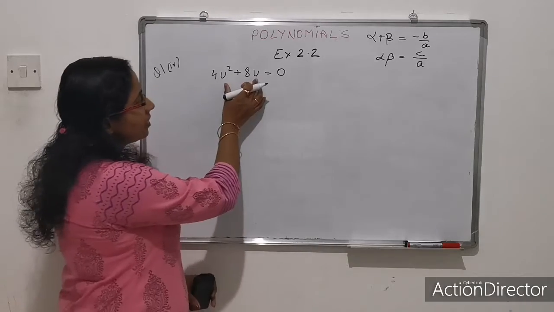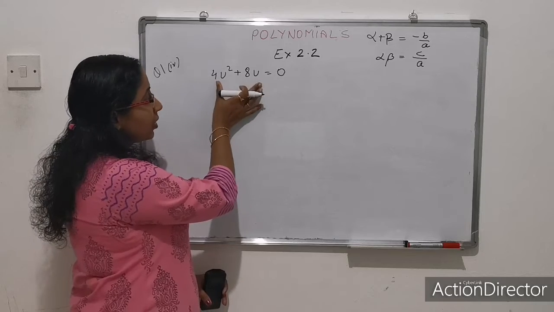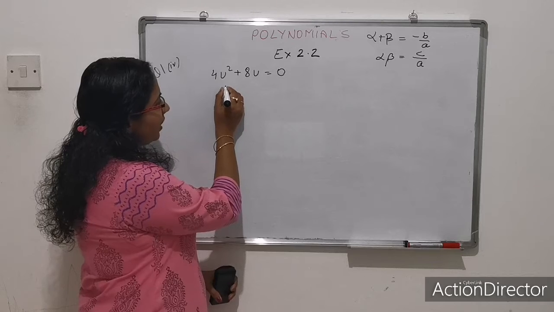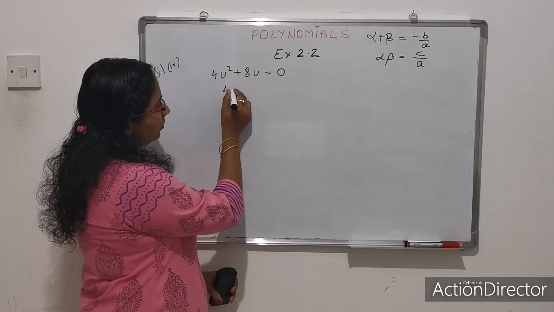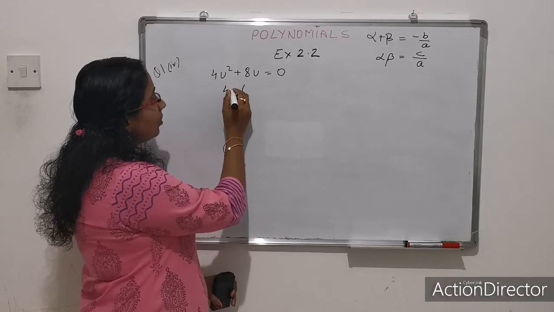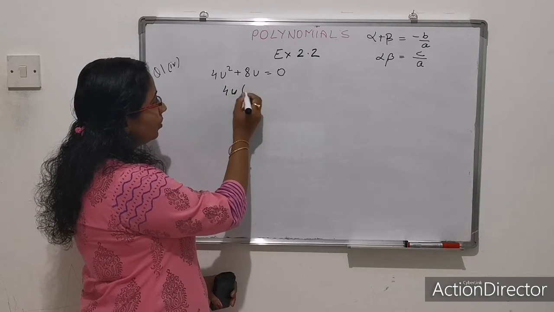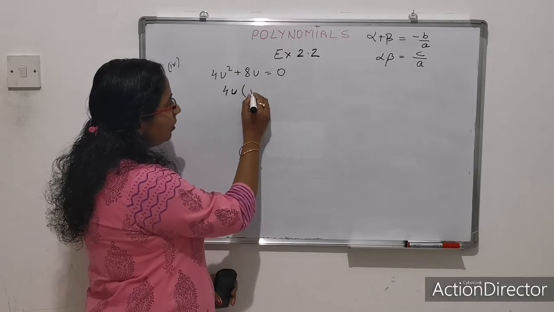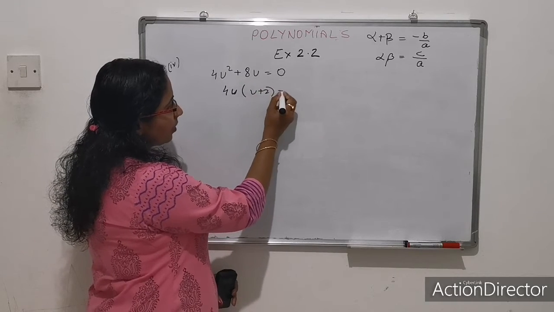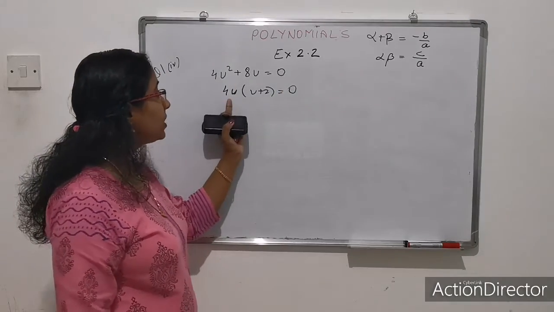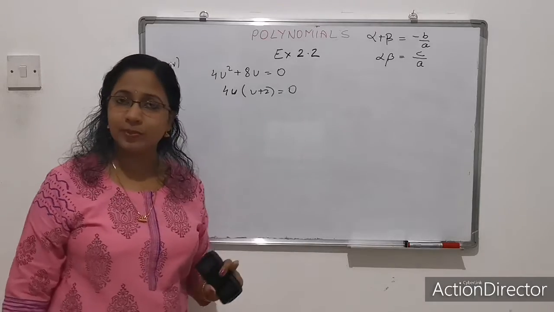Now, since it is in this type, u square is there, the easy way is to take common 4u. So 4u, on taking common, it will become u plus 2. Right? Clear? You are just taking common 4u and u plus 2.